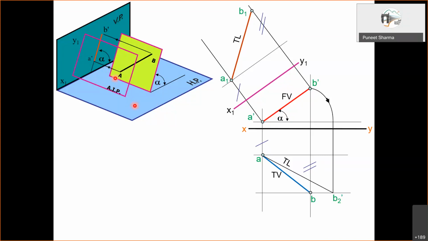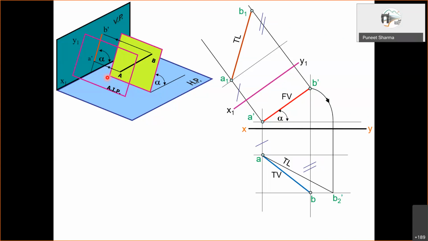So when you obtain the top view on the horizontal plane, suppose small a is somewhere here, tentatively. Then the distance of small a from the xy line will be the distance A dash A. Same way, when you project this capital A on the auxiliary plane, suppose small a1 is here.